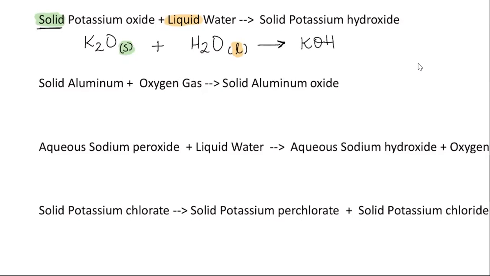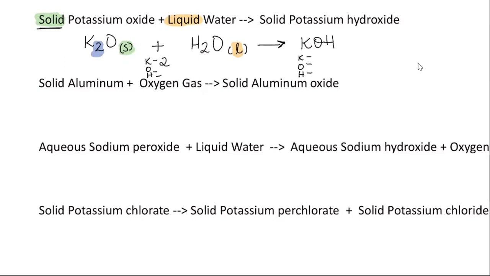So now we're going to look at the number of atoms, okay? In the reactants, I have potassium, I have oxygen, and I have hydrogen. In the products, I have potassium, I have oxygen, I have hydrogen. So when it comes to the potassiums, we have 2 potassiums.